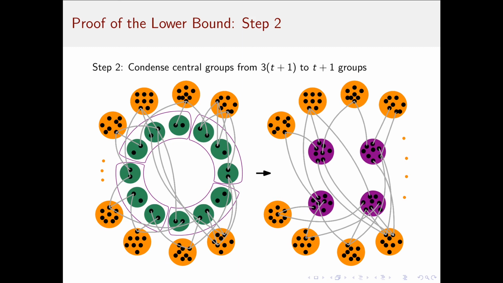For each such set of 3 vertex groups, we will create a new vertex group in the new instance on the right side. And we're going to have one vertex in this new vertex group for each possible choice of choosing one vertex from each of the 3 vertex groups over here. So in particular, that means that our new vertex group over here has size at most n to the power 9.